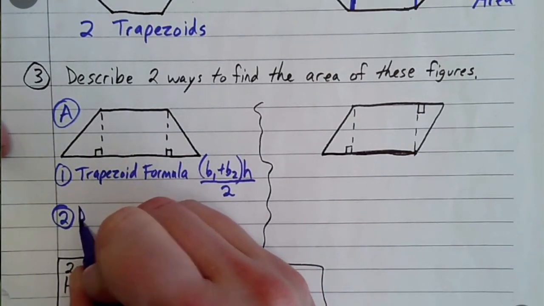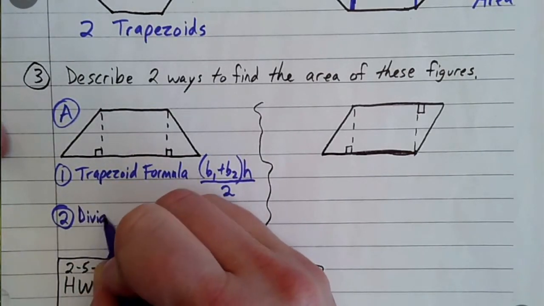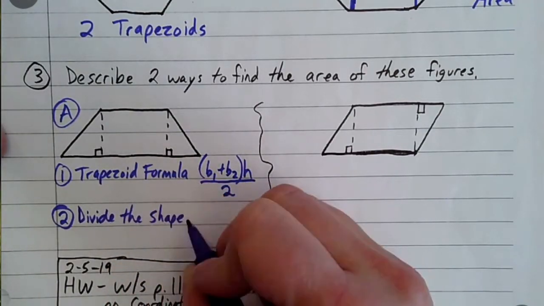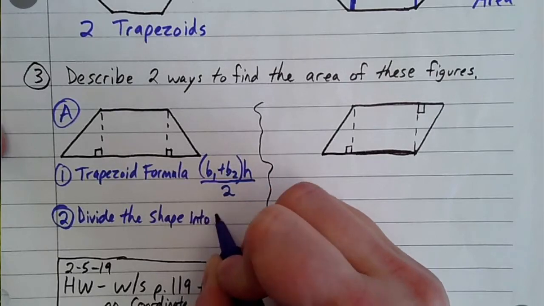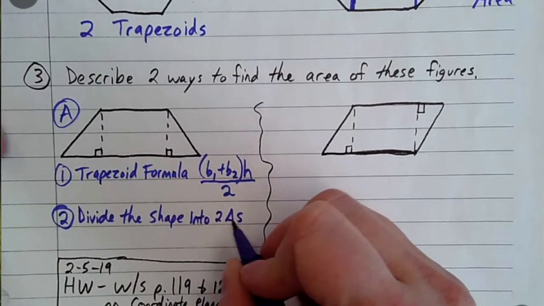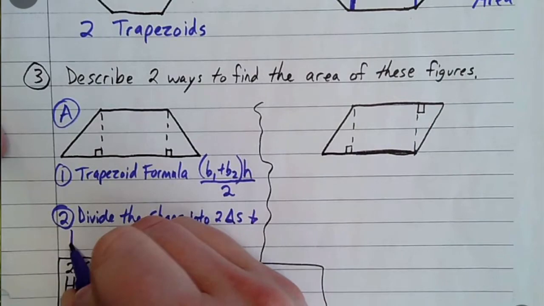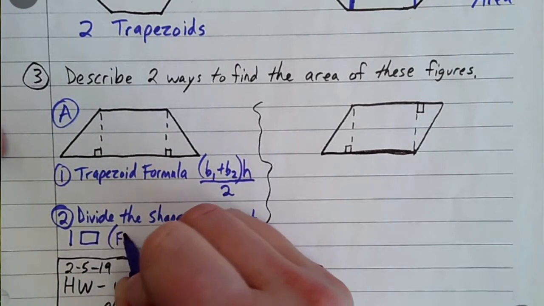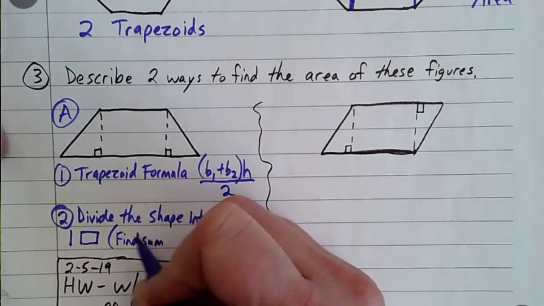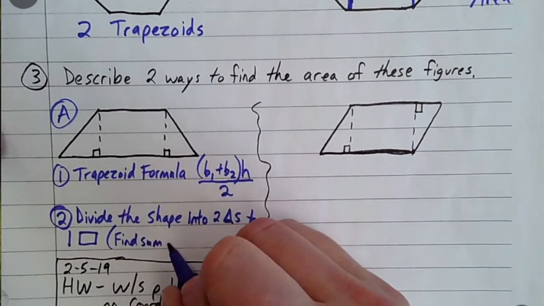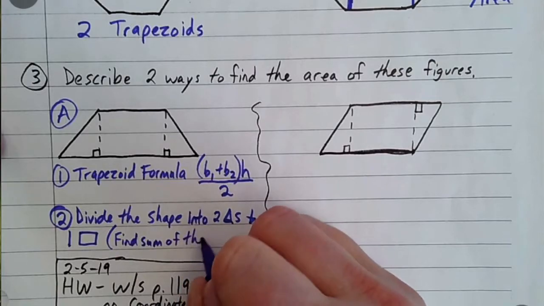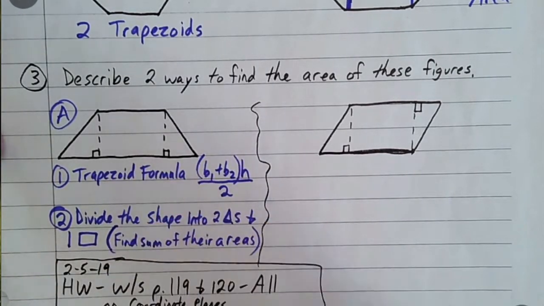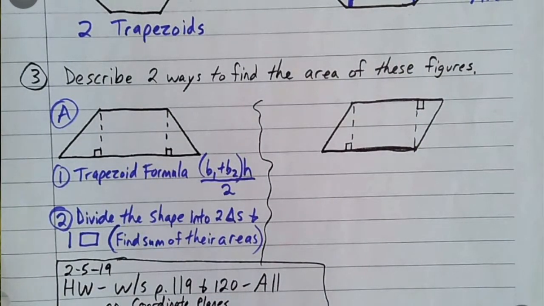So you would divide the shape into two triangles and one rectangle, and you could find the sum, because sum means to add, the sum of their areas. Add the areas of the triangles together with the area of the rectangle.